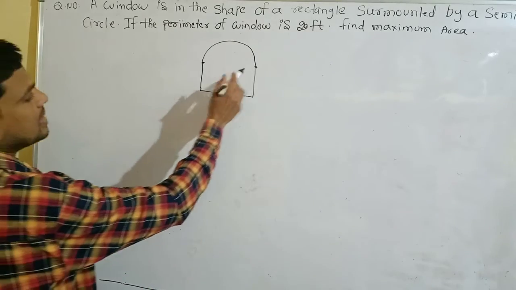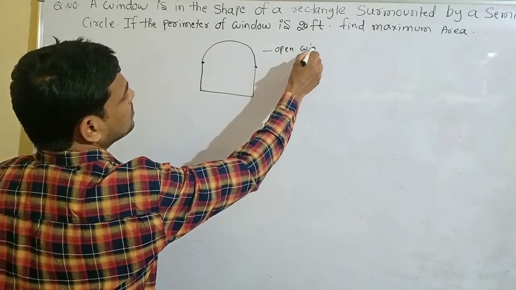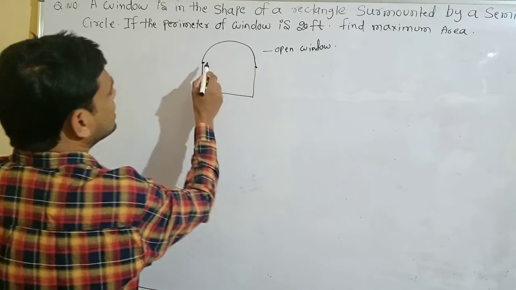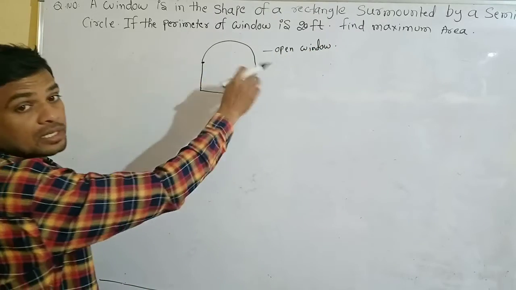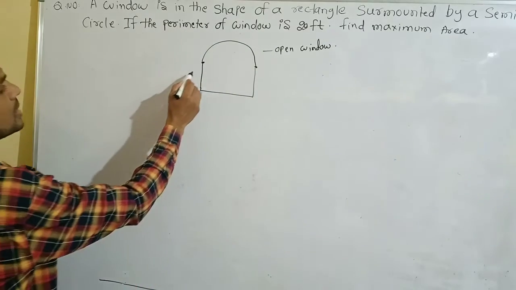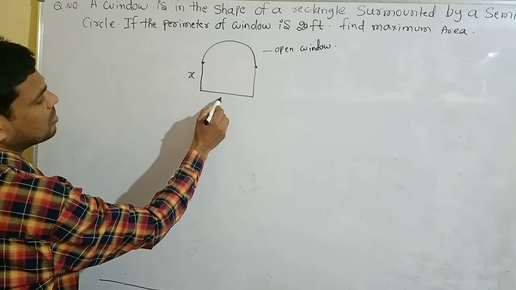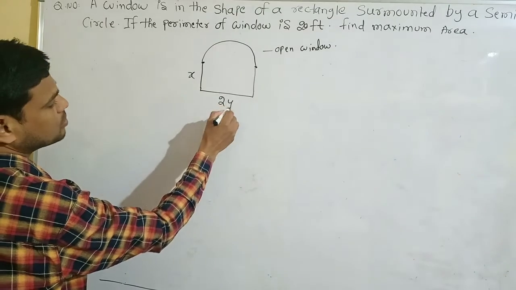Here, this is an open window. But here, the length is not there. One rectangle, one side length is not there. Open window. This is width equal to x, length equal to 2y, our assumption.